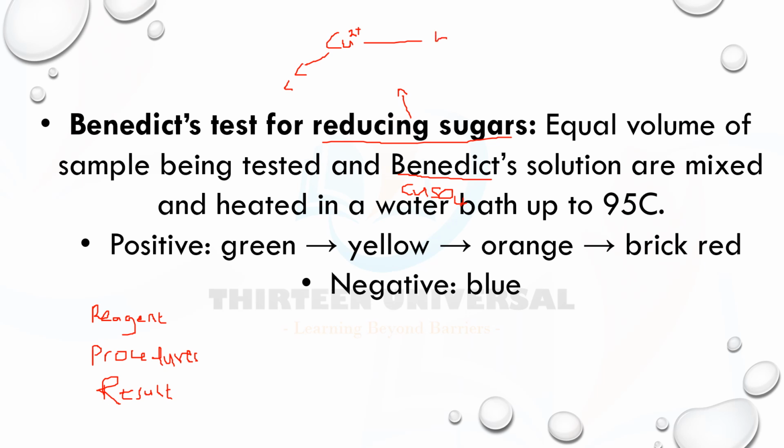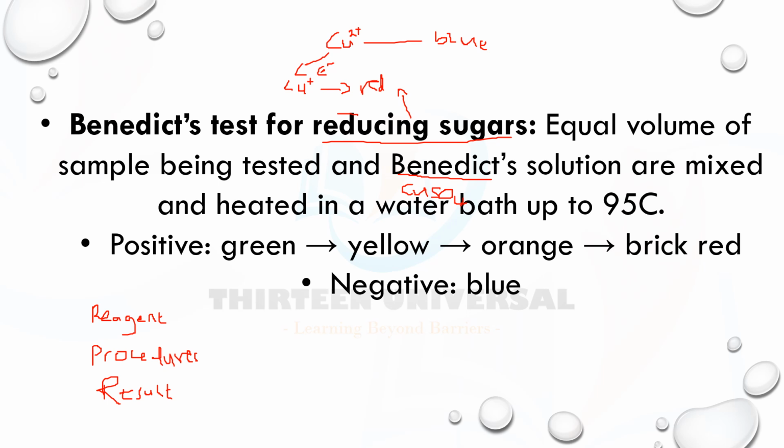So when an electron is donated to it, one electron is given to copper 2 by these reducing sugars, it will form copper 1, that's copper plus. Copper plus is brick red or red. Anytime it's reduced it turns red, but depending on the quantity of copper ion present, the shade varies.